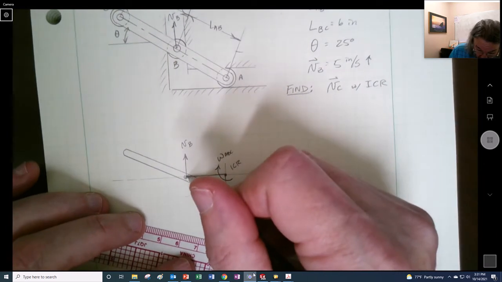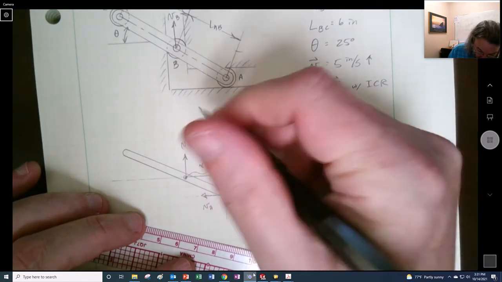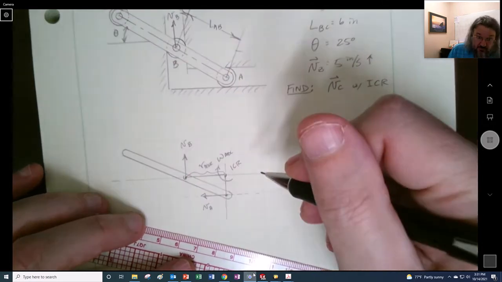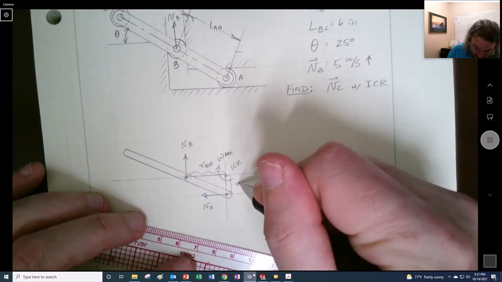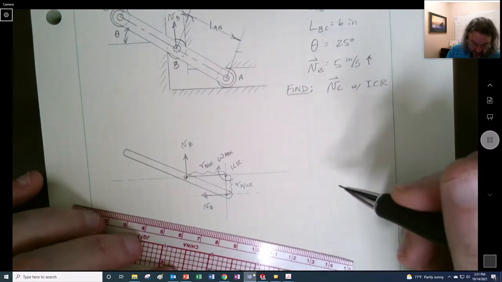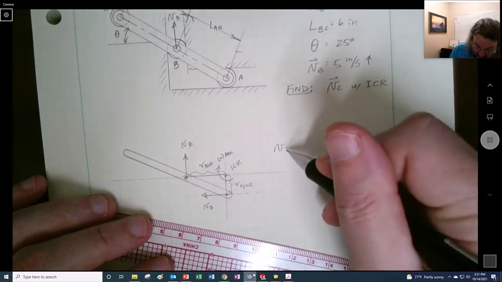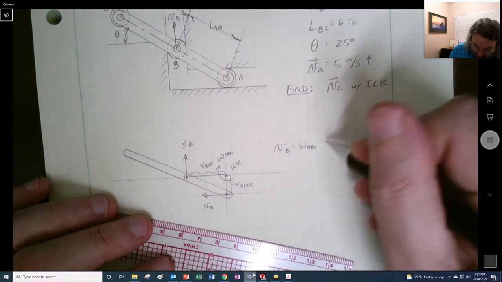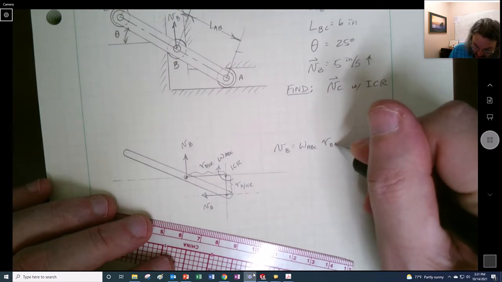Now the position right here, I'm going to call this R of B with respect to ICR. I made that very small. And this right here is going to be the R of A with respect to ICR. Easy enough. So we know that the velocity of B is equal to omega ABC times R of B with respect to ICR.